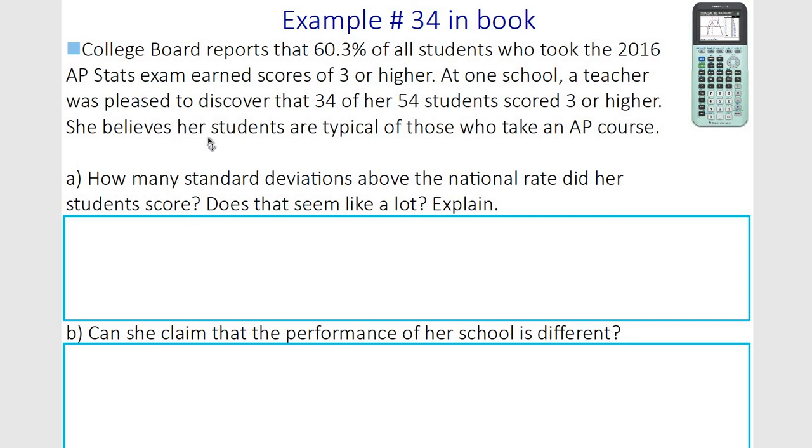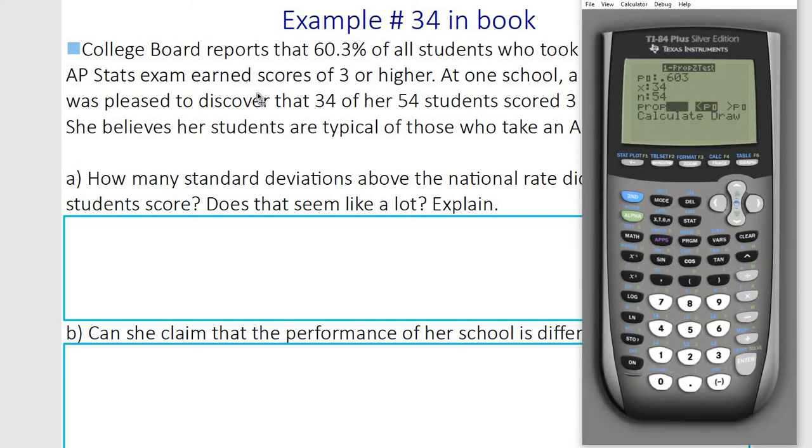We had random students typical of an AP course, and 54 has to be less than 10% of all the kids that took AP stats. So we satisfied our conditions.